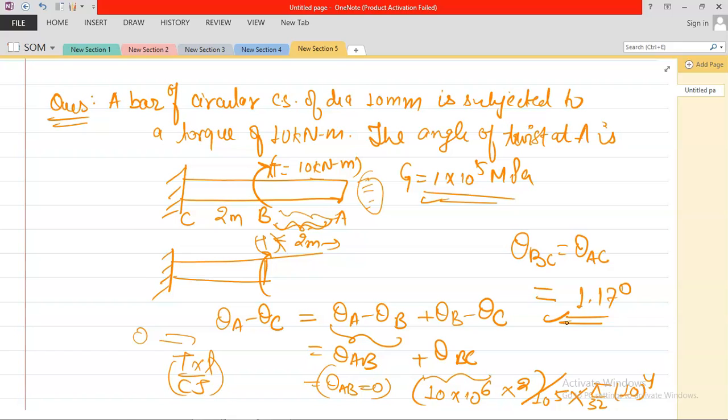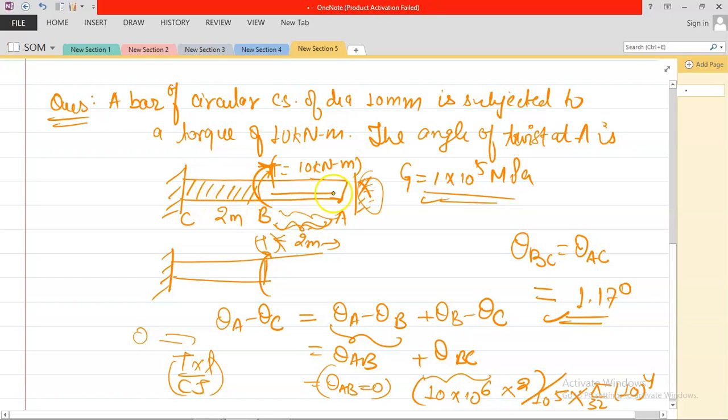Anyone has any problem in this question? Okay. So there is no support here. If we apply the torque with a support, that will resist the twisting, so an anti-couple will generate, but there is no support, so that thing will be eliminated, and also there is no torque in this portion. So the deformation would be in this body, and it will only follow the path.